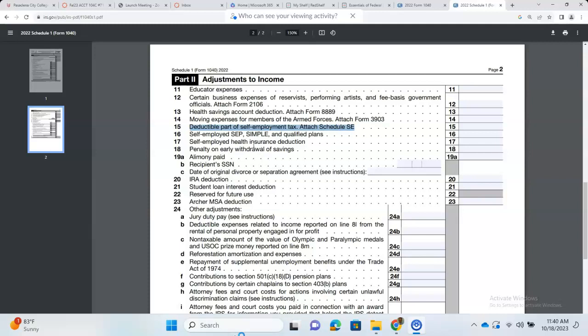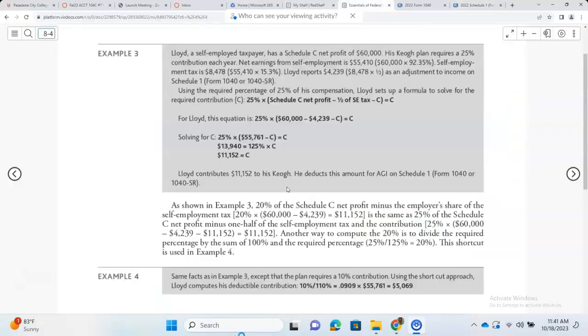And also if you have Schedule C, remember I said never put health insurance expense in Schedule C. Health insurance expense for the owner of the business never goes in Schedule C. The owner of the business, health insurance for himself and his family goes in line 17. Okay, so Lloyd reports 4,239, half of the Social Security and Medicare, on Form 1040 from Schedule 1.